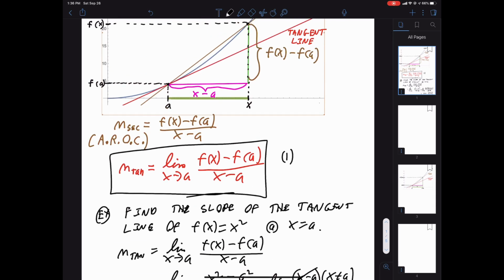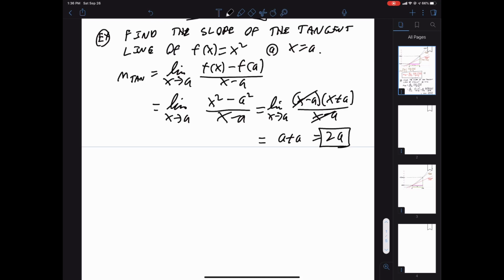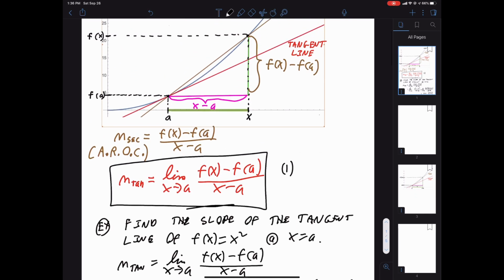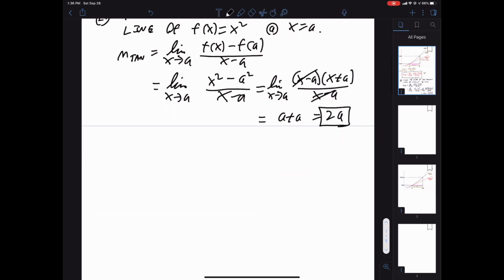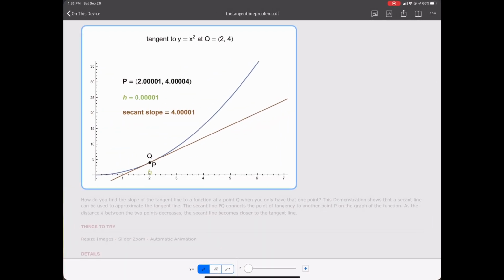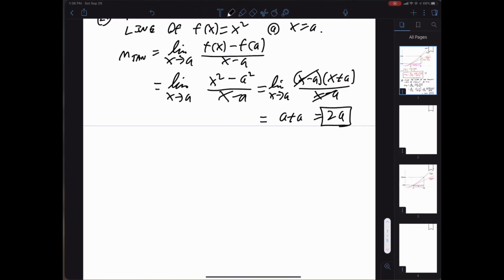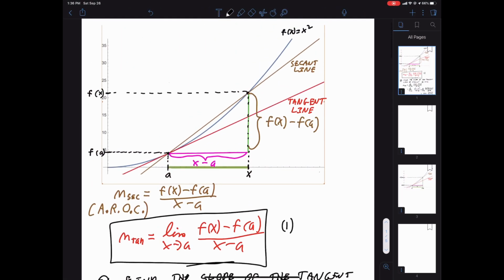And so here's what's kind of cool. You can plug in any value of a, and you're going to notice the slope changes depending on where you are on the graph. At different points on the graph, you're going to have different slopes. And so you can pick any value of x, which we call a, and plug it in, and you can find the slope anywhere. I'm emphasizing here, at that point, it's a steep slope.